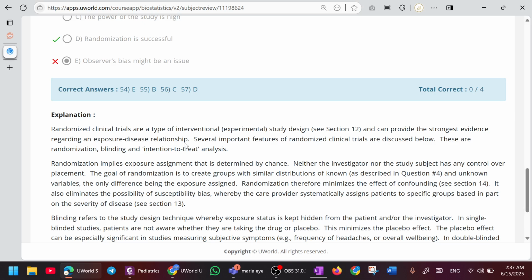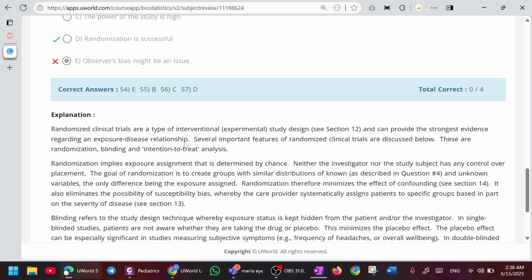Randomization implies exposure assignment that is determined by chance. Neither the investigator nor the study subject has any control over placement. The goal of randomization is to create groups with similar distributions of known and unknown variables, the only difference being the exposure assigned. Randomization therefore minimizes the effect of confounding.